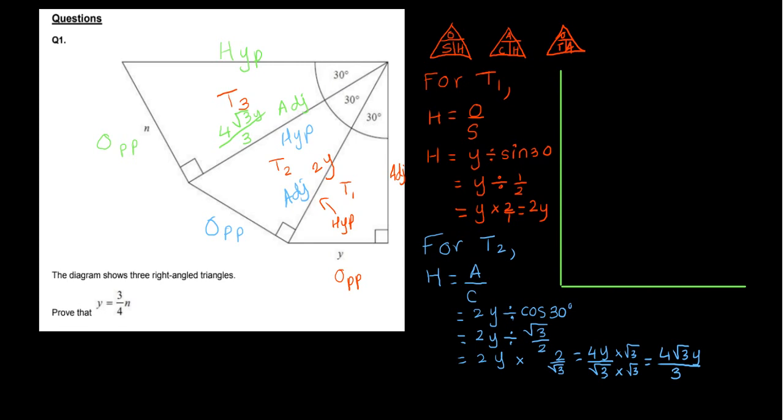Okay, so for T3, I'm finding the opposite, so I'm going to cover the opposite, and the opposite is adjacent times tan. So opposite is adjacent multiplied by tan. So the opposite side, we know the opposite is n.